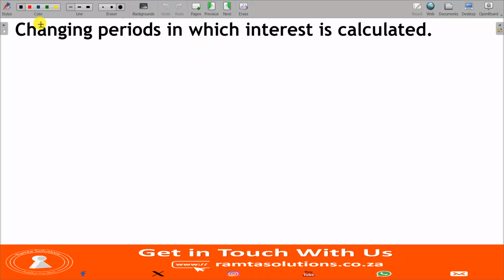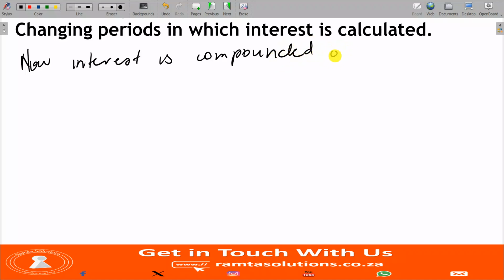So far, when you have been looking at interest, we have been saying it is whatever percent per annum. Now imagine interest is compounded more than once a year, or rather, other than once a year.